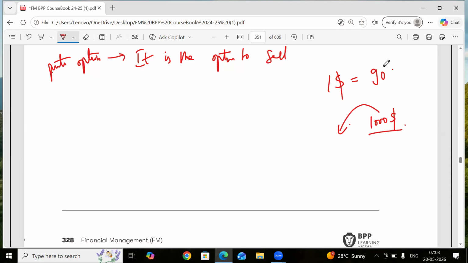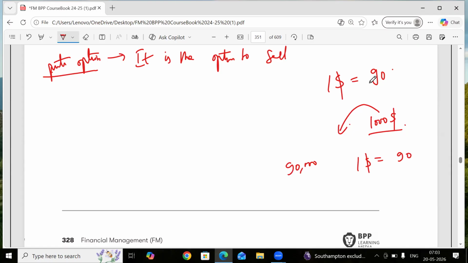So how come I can save myself from this kind of loss by entering into put option contract, okay, or taking a put option for US dollar? That means taking an option to sell the US dollars. So where I can incur losses if $1 today is 90, I get 90,000 if I exchange today.